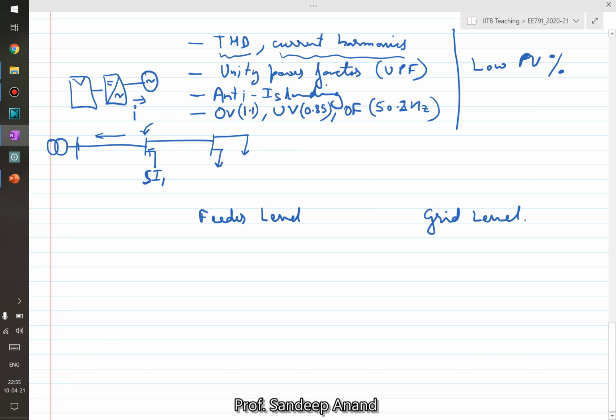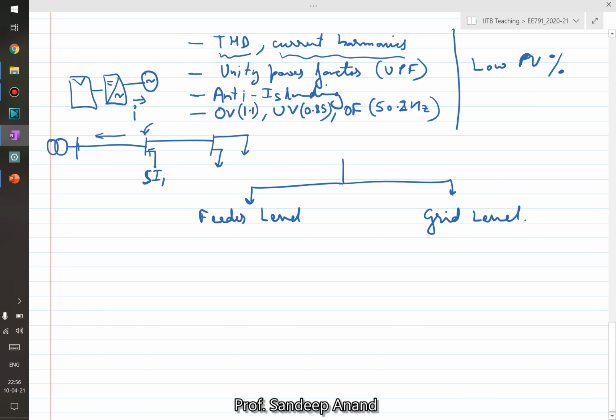What it essentially means is: what are the challenges at the feeder level, at the distribution level, because of solar photovoltaic being connected to the feeder, and what are the challenges at the grid level because of photovoltaic getting connected in the system. So let us first start with feeder level challenges, and then towards the end we will touch upon just a few of the grid level challenges.